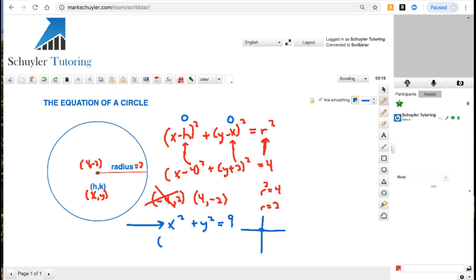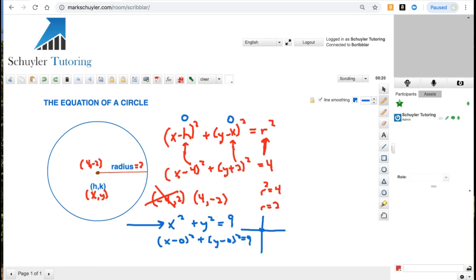So who would bother writing out (x + 0)²? Let me go back and just change that. Who would bother writing out (x - 0)², if I wanted to keep my signs right for the equation, plus (y - 0)² = 9? Who would bother with that?